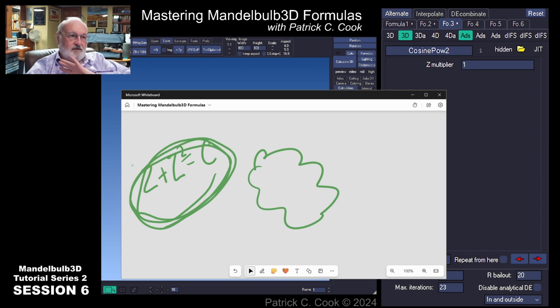Now, we're not talking about the min and max iterations right now. That min and max pertains to the number of times the whole set or all of the assigned formulas will run. Here I'm talking about the one formula. So there's going to be an output.